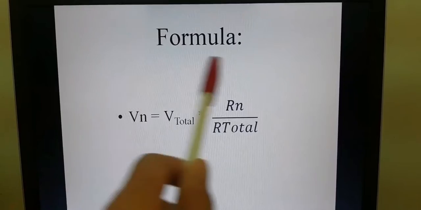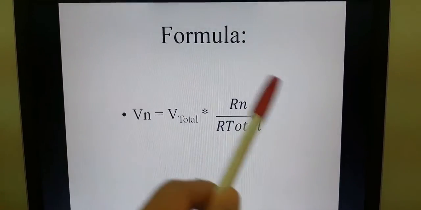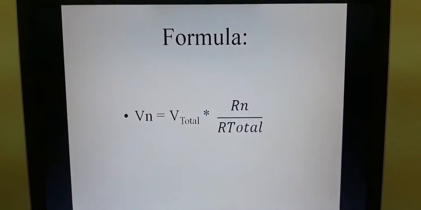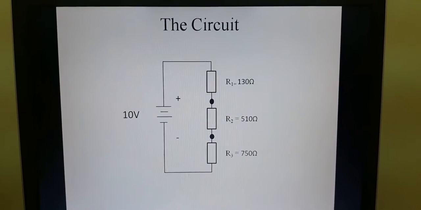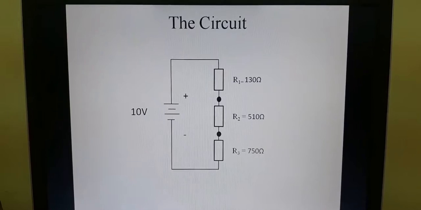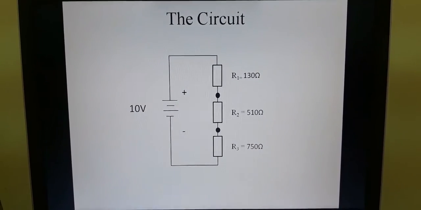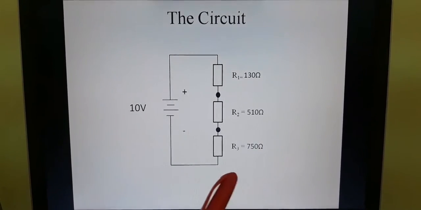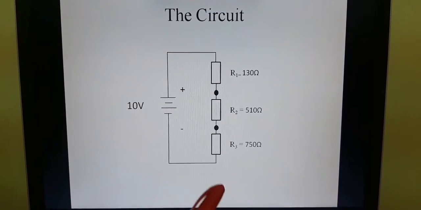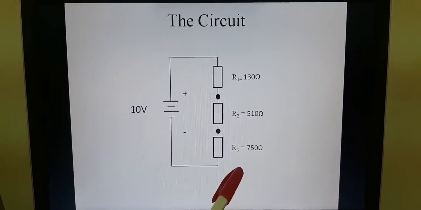So you may focus your attention on this formula because you are going to use this in our computations, especially in your assignment. Okay? So here is the circuit. Since this is the continuation of our topic last week, we're going to deal with 3 resistors in this presentation. So we have R1, R2, and R3.